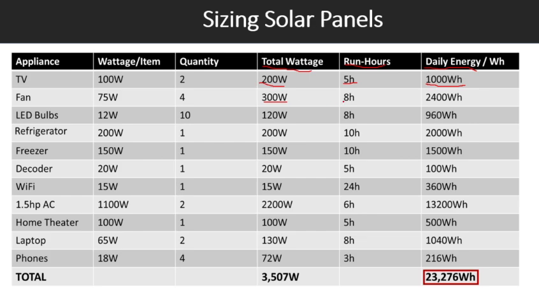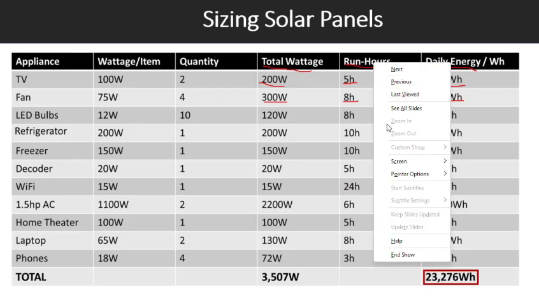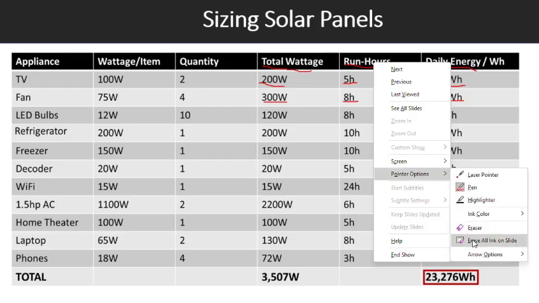We multiply it by 8 hours, which is the number of hours they run in a day, to give us 2400 watt hours. So that's how you can calculate your daily energy for all of your appliances, by multiplying your total wattage by the running hours of that appliance.